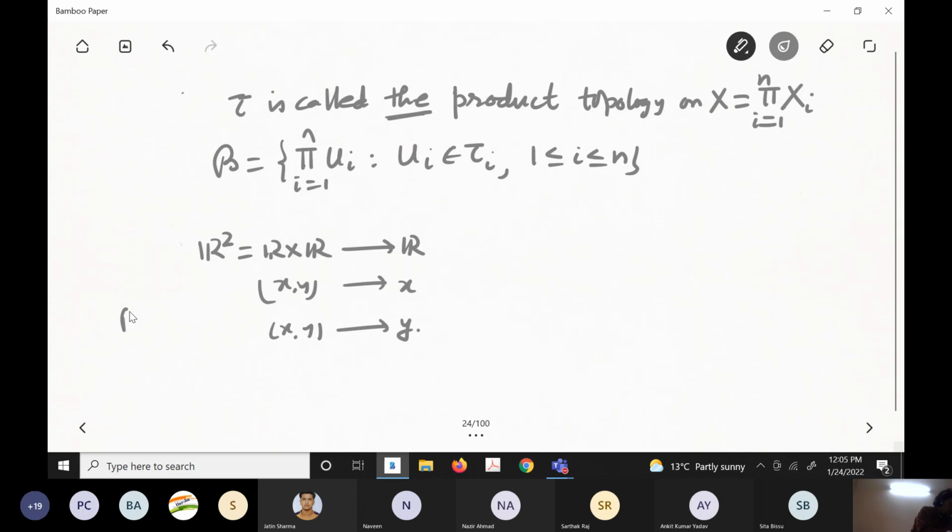That is usually called geometry, the projections. A similar concept we can have here. I call it pi_i, the ith projection from this.